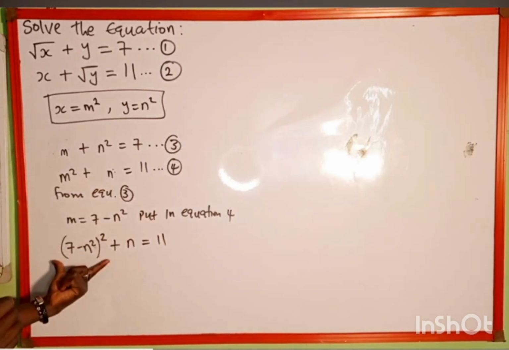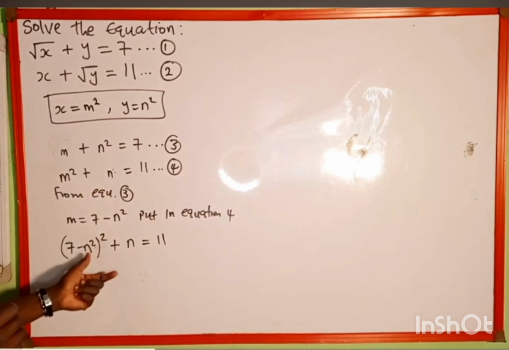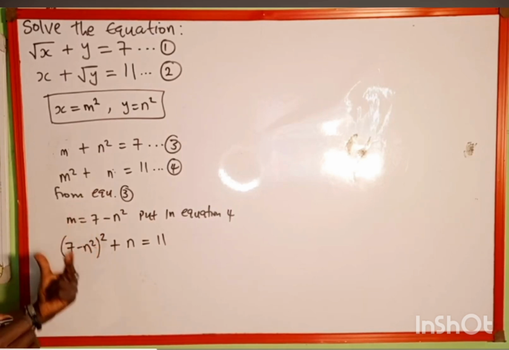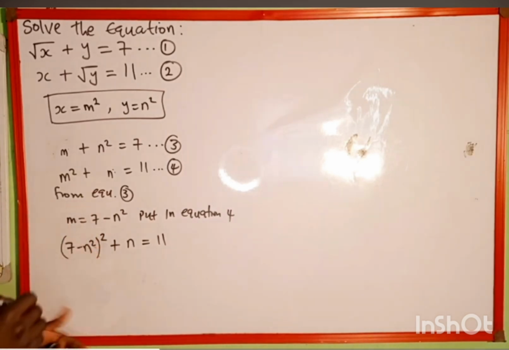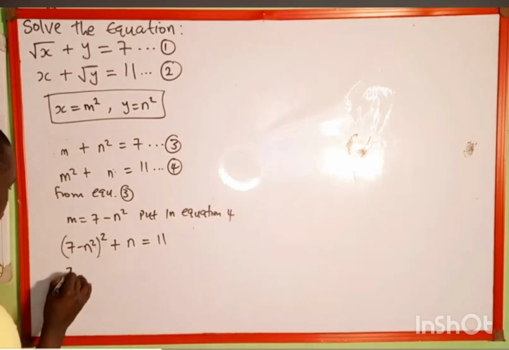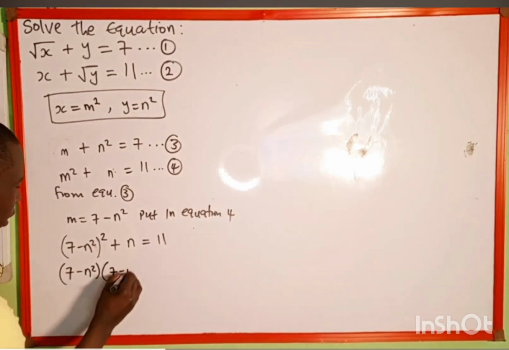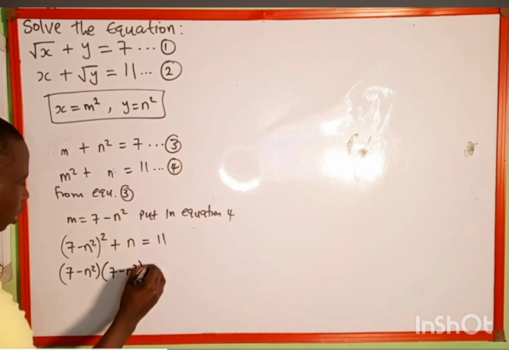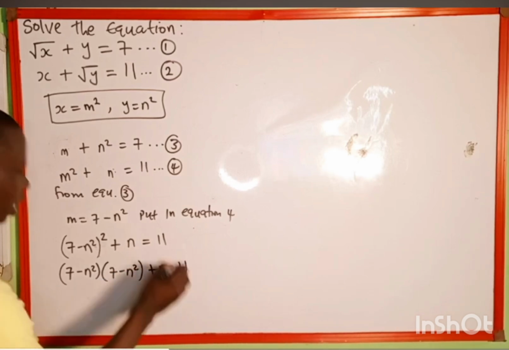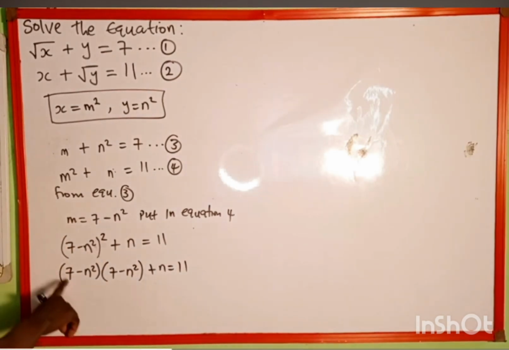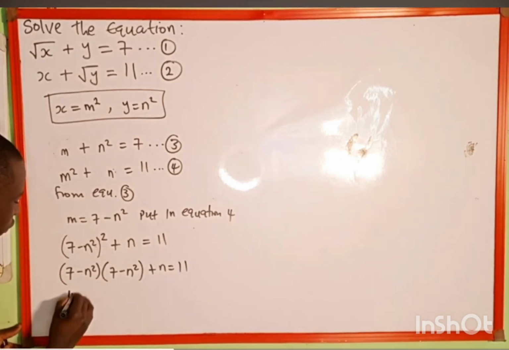Now we're going to expand this bracket. 7 minus n squared, all squared, implies 7 minus n squared multiplied by 7 minus n squared, then plus n is equal to 11. 7 multiplied by 7 gives us 49.